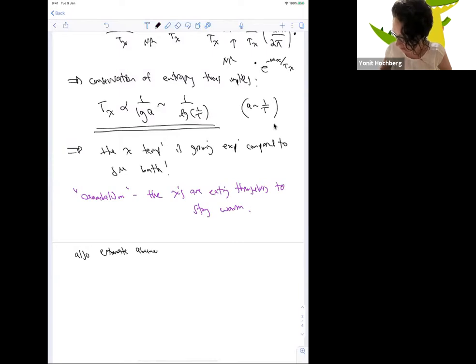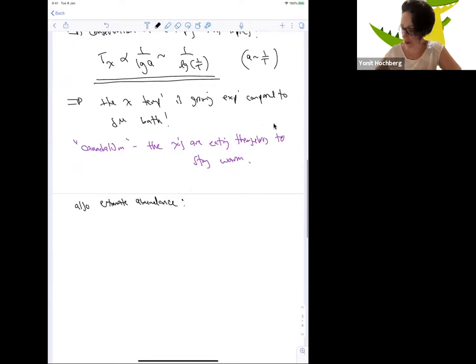So for that, let's write the following. Let's look at the mass of dark matter times the number density today. That's basically rho dark matter today divided by the entropy today. And what I can do is just redshift number density and entropy. They both redshift like temperature cubed. So I'll just redshift them from today back to freeze out.